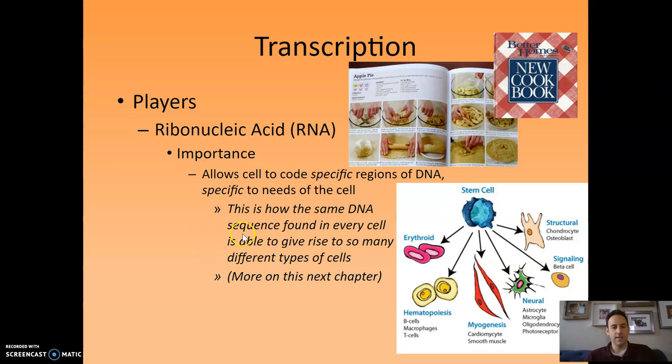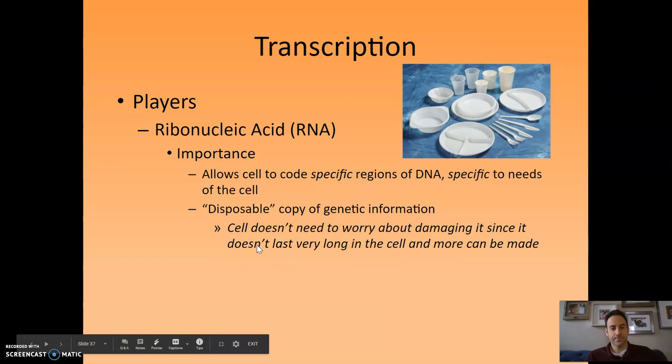Well, the answer is the same DNA is in every cell, but we only bake certain recipes in each cell. And so the skin cell gets the skin recipes, the muscle cell gets the muscle recipes. And so by coding different RNA molecules, we can actually have each cell have its own unique identity. A lot more on that in the next chapter.